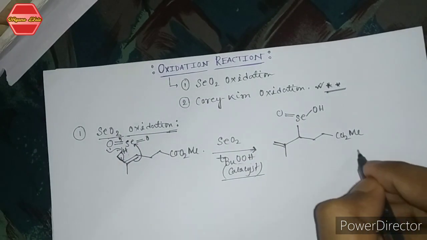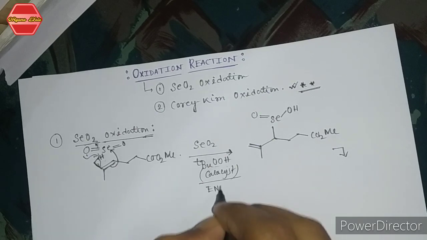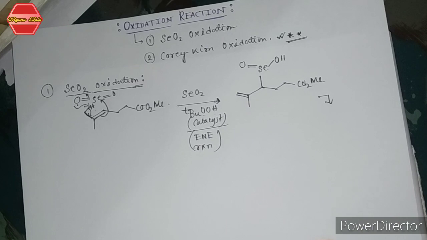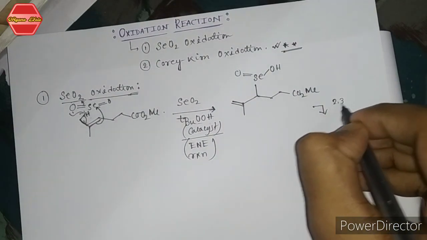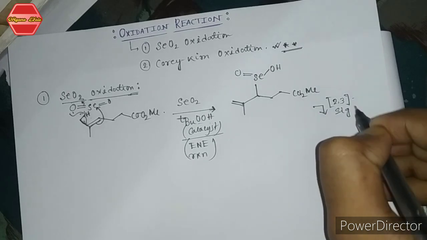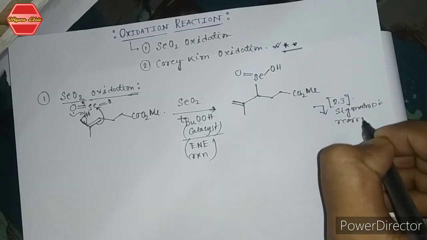This is the first step, the ene reaction. Now the second step, the 2,3 sigmatropic rearrangement, occurs.